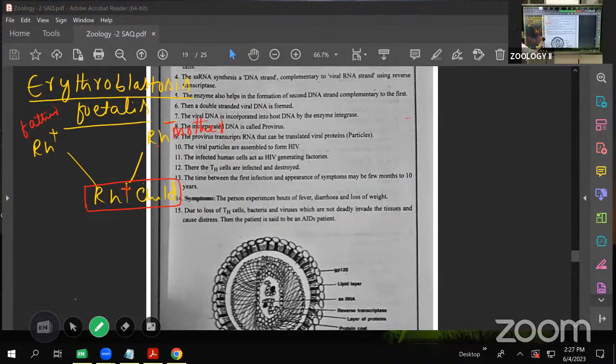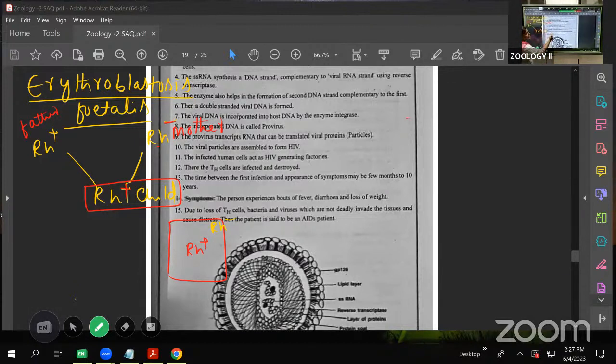For example, this is a uterus, and inside of that the fetus is there, having Rh positive. Surrounding it, the mother has the Rh negative group. Both of them are different: the fetus has the antigen, and the mother's blood doesn't have the antigen.